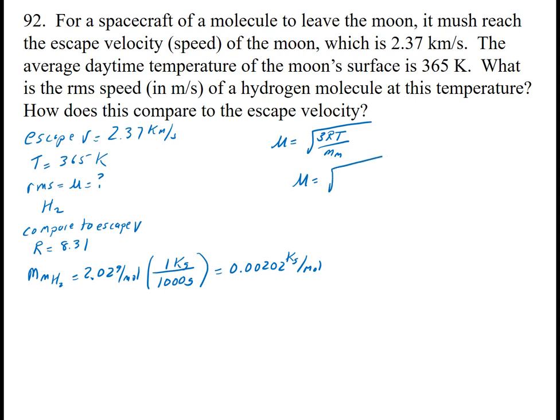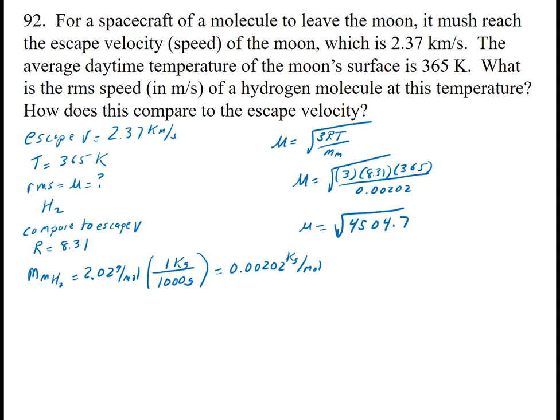Mu is equal to the square root of 3 times 8.31 times 365 divided by 0.00202. I was going to do that calculation first: 3 times 8.31 times 365 divided by 0.00202 is 4504.7.